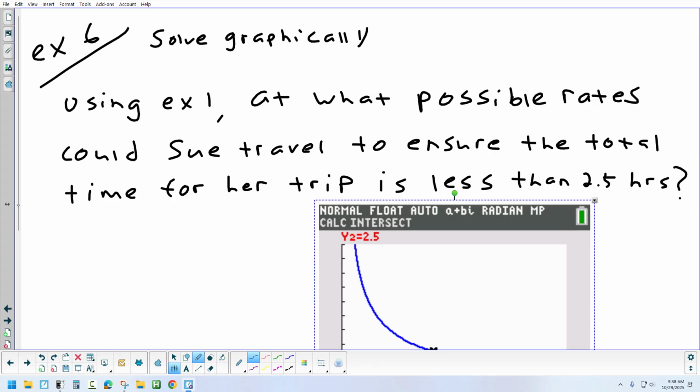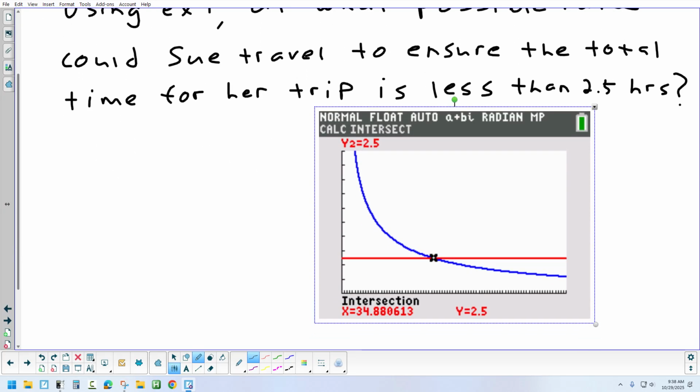So I've got all the information I need. How do I write my answer? She wants to complete the trip in less than 2.5 hours. So tell me how fast she needs to be going in the car to make that happen.